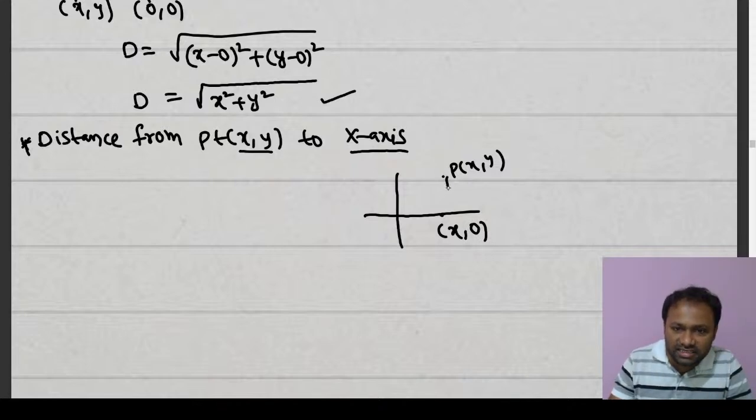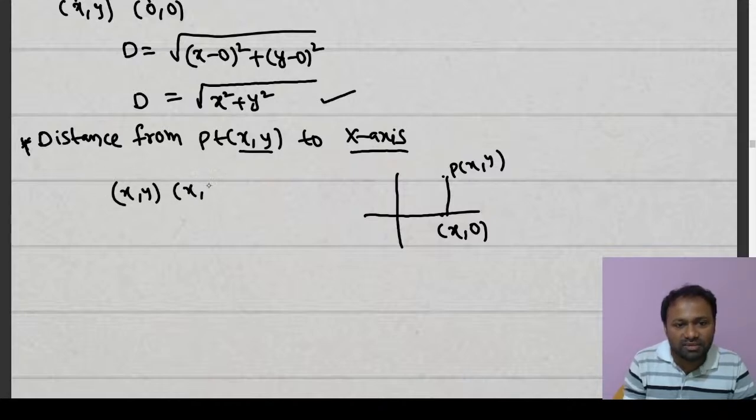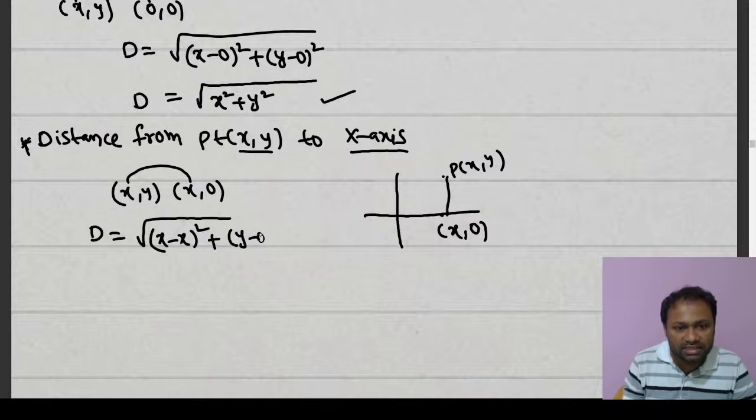I need this distance. Okay, how can we do the distance? X comma y ordered pair as well as x comma 0 are the points. So distance is equal to under root of x minus x whole square plus y minus 0 whole square. That is equal to under root of 0 plus y square.